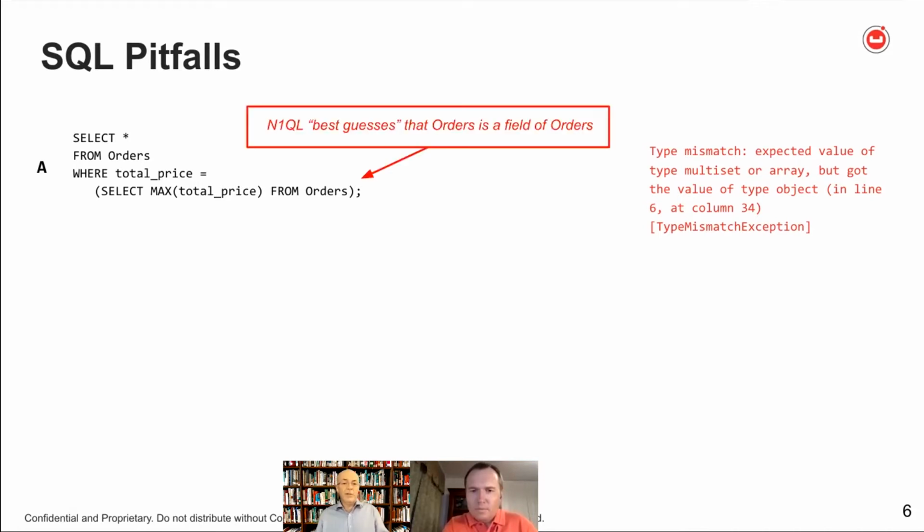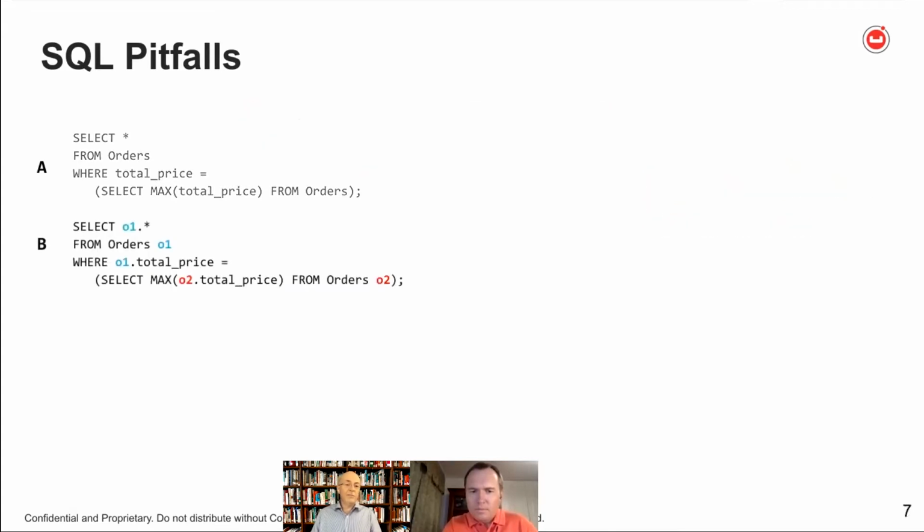To resolve this, the challenge is exactly what I just said. We're wrongly guessing what this field is. And so to solve this, we introduce aliases, what any SQL writer would do anyway. And so in this case, what we have done for the orders in the from clause, we have introduced the alias o1.